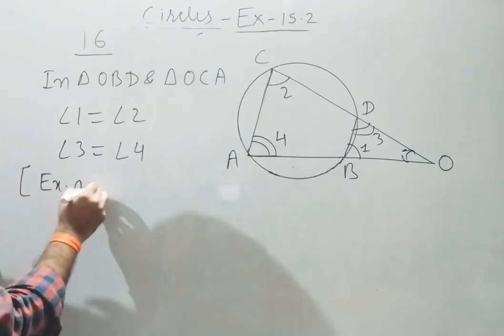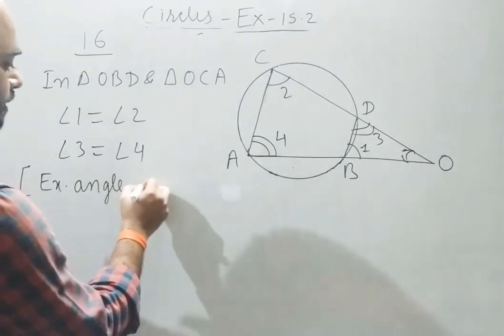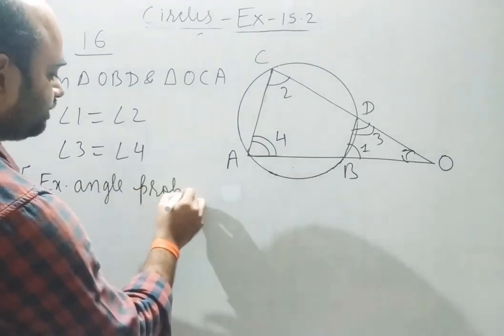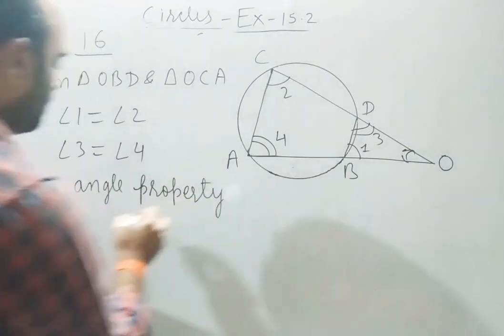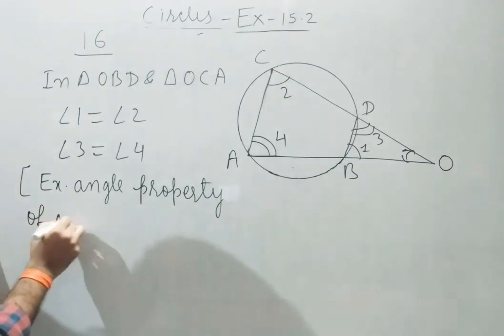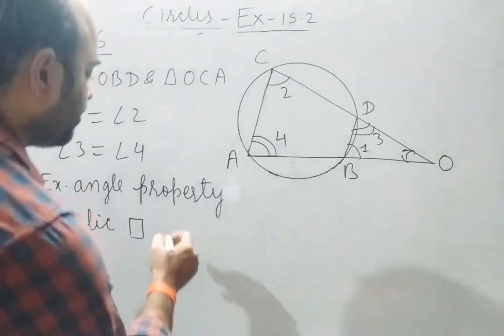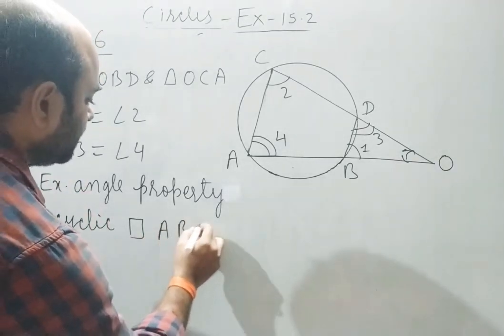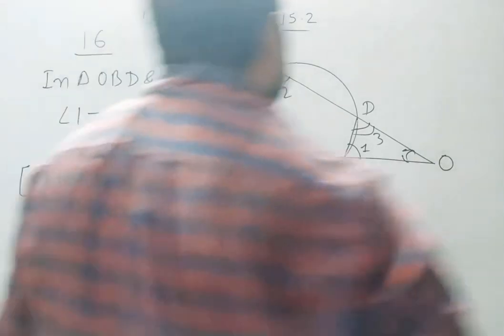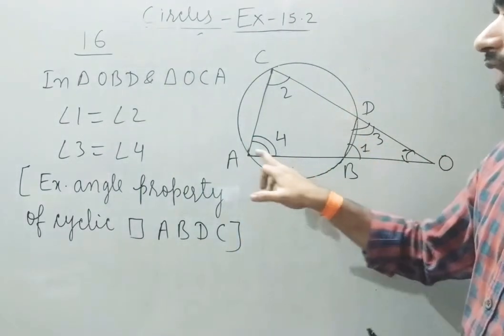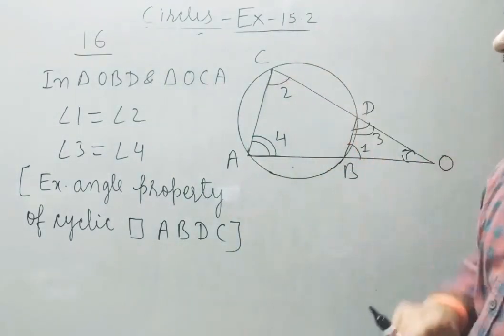Exterior angle property of cyclic quadrilateral. Which is the cyclic quadrilateral here? A, B, D, C. See the name properly, not A, B, C, D. A, B, D, C. Correct?